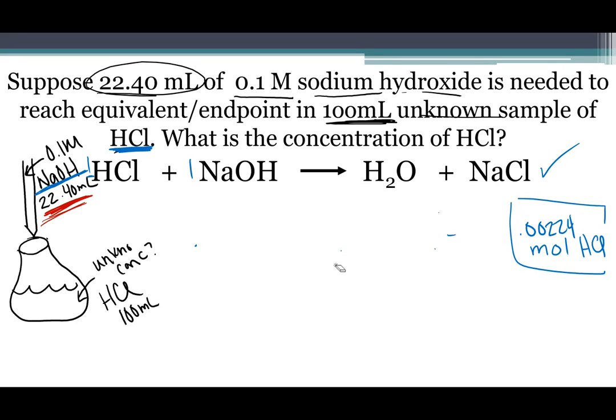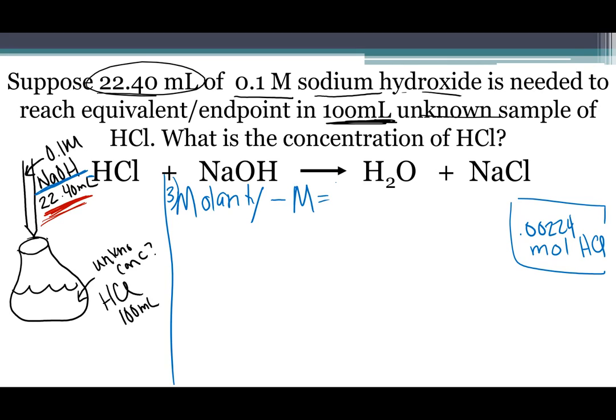All right, so our mantra, molarity, moles, back to molarity. Step 3. Okay. So this time we're going to do the molarity equation again. So M equals n over V. But now we're going to put in information about HCl.